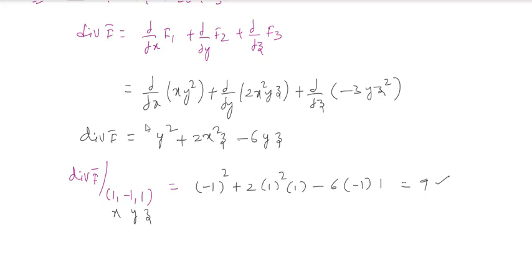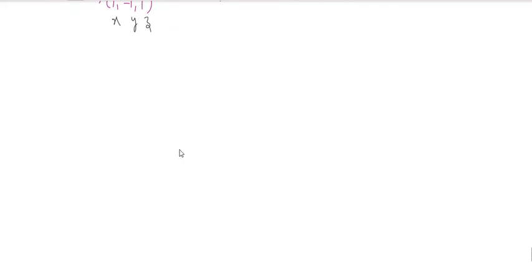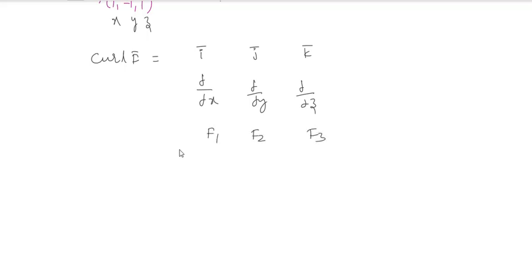Similarly, can you try the same for the curl also? Usually curl f bar is equivalent to the determinant with i bar, j bar, k bar, dou by dou x, dou by dou y, dou by dou z, and f1, f2, f3. This is actually the curl. Am I right or not?